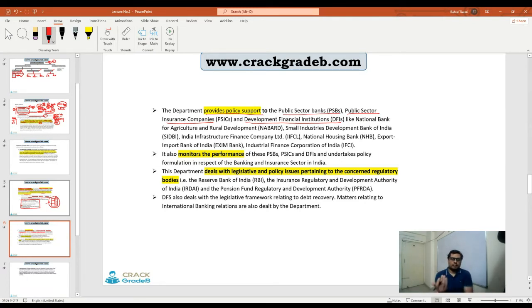Generally, development and financial institutions now come under the category of NBFIs, non-banking financial institutions, and they are also called development and financial institutions, like NABARD, Small Industrial Development Bank of India, India Infrastructure Finance Company Limited, National Housing Bank. So providing policy support to all these development and financial institutions in India and tracking their performance is the responsibility of the Department of Financial Services.